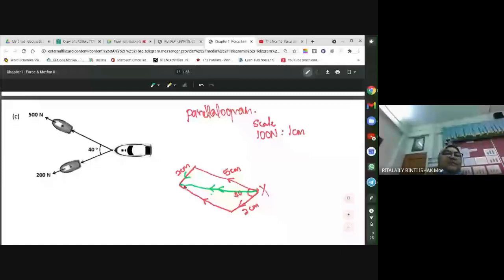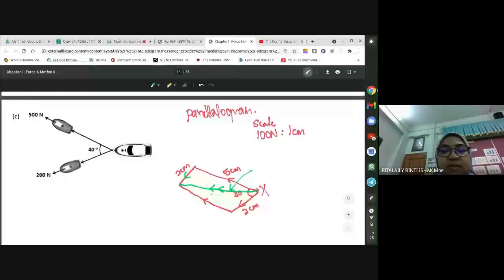You don't have to measure the angle again. What you need to measure is only the resultant force, if this type of question comes out. So you don't have to worry about the angle anymore. What you need to determine now is the value of the resultant force. So we measure the length of the resultant force.